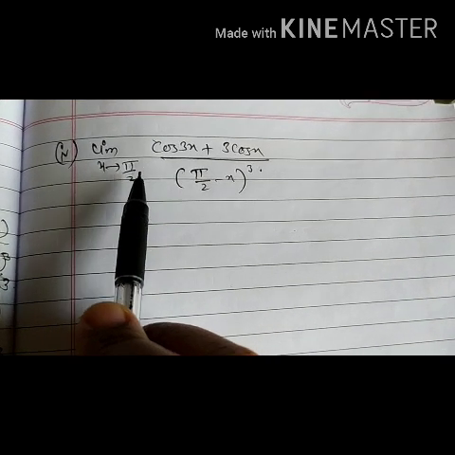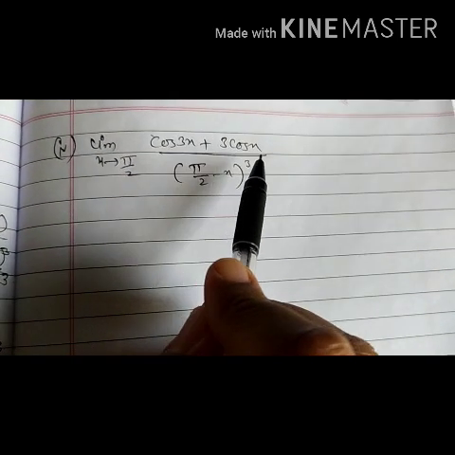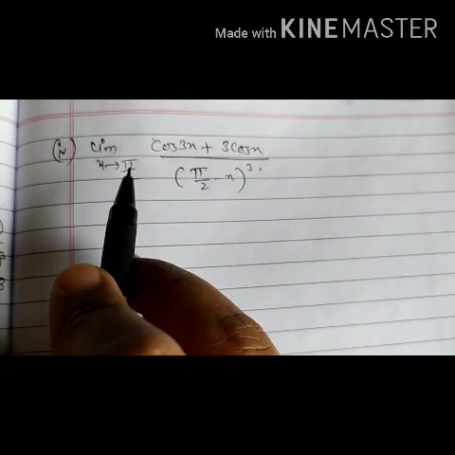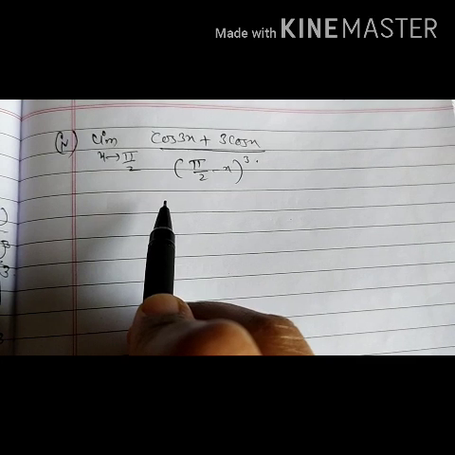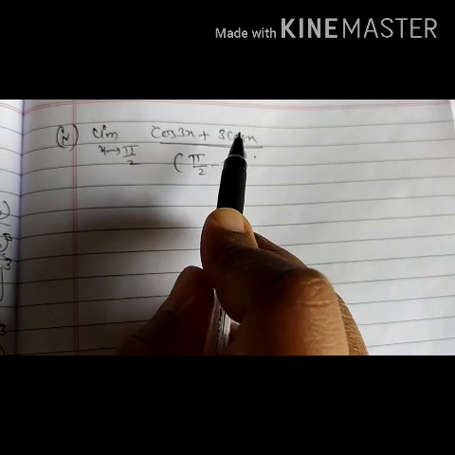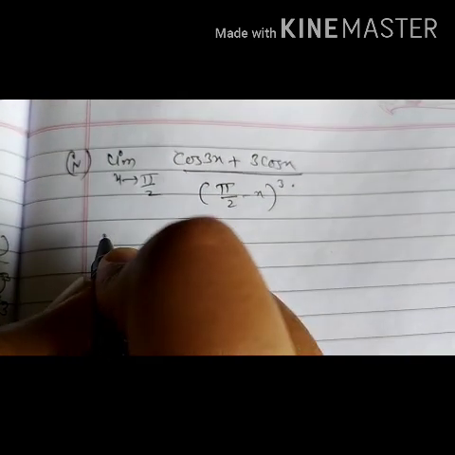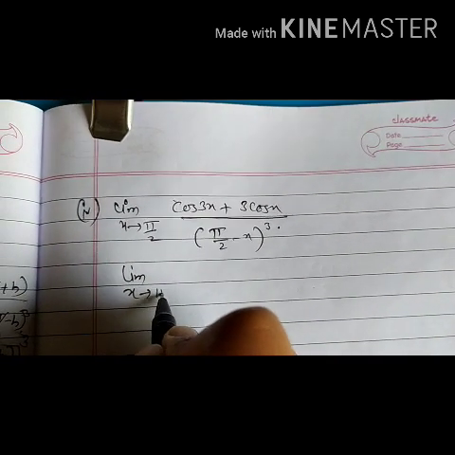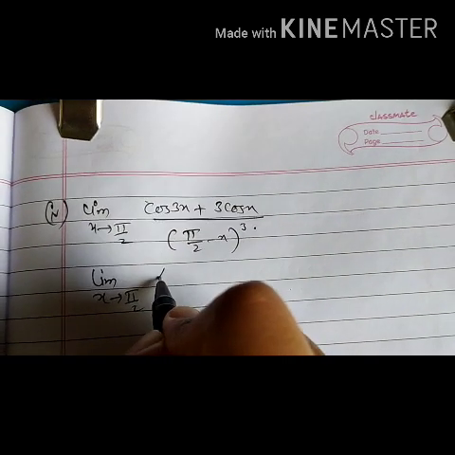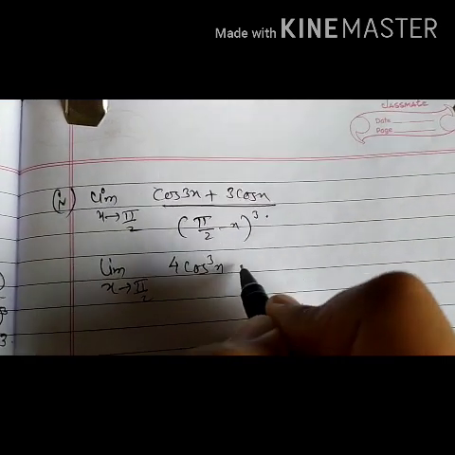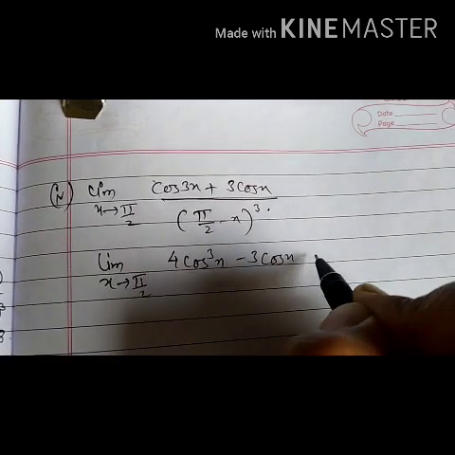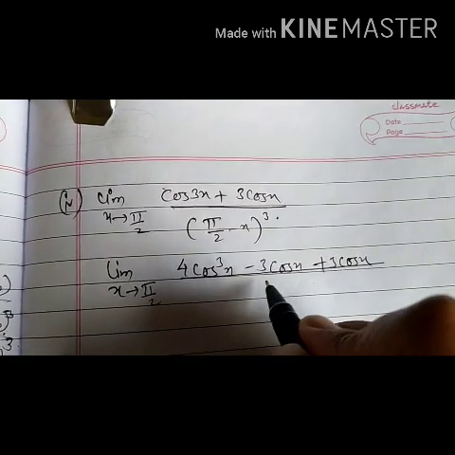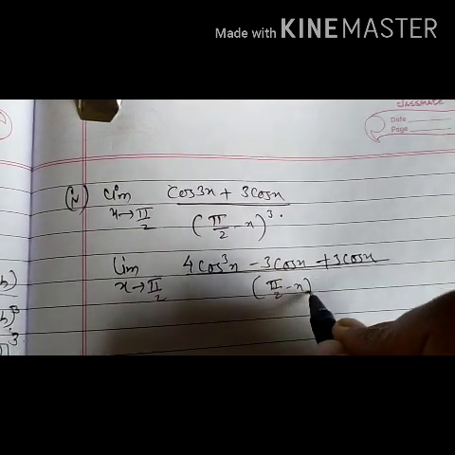Evaluate limit as x tends to pi by 2 of cos 3x plus 3 cos x upon pi by 2 minus x whole cube. Now we know that cos 3x is 4 cos cube x minus 3 cos x. So we can cancel this 3 cos x here. So limit as x tends to pi by 2 of cos 3x, which is 4 cos cube x minus 3 cos x, plus 3 cos x whole thing divided by pi by 2 minus x cube.